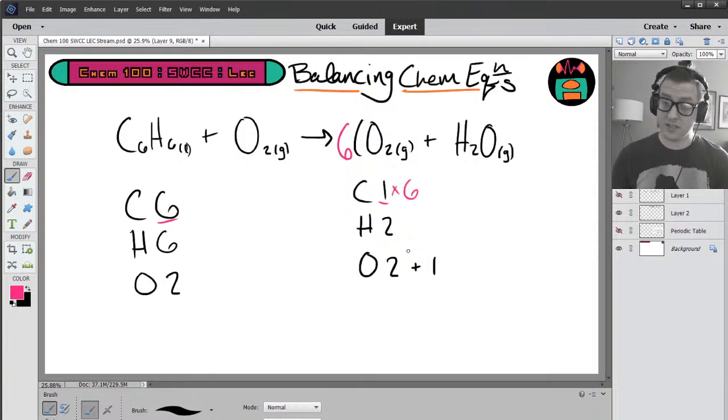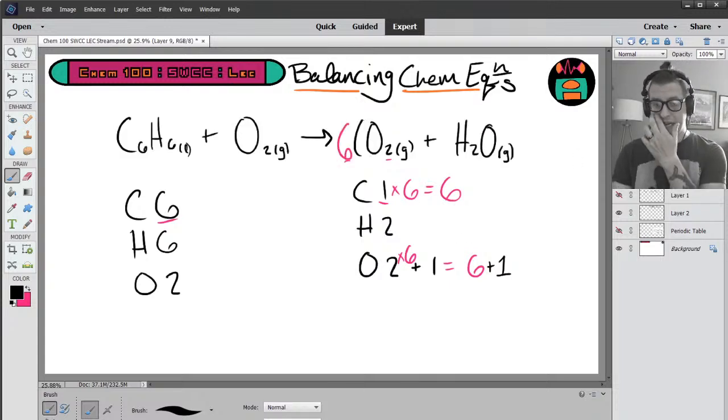When I do, I balance carbon, but you'll notice now I have 2 times 6 oxygen atoms. I need to multiply this 2 by 6. This is another reason why you want to keep them separated. So now I have 6 plus 1 oxygen atoms. And I have 6 carbons. All right, next, we always go with the easiest first, right?